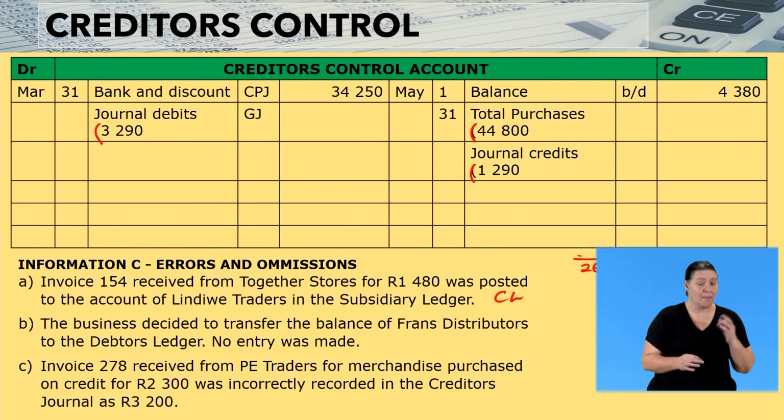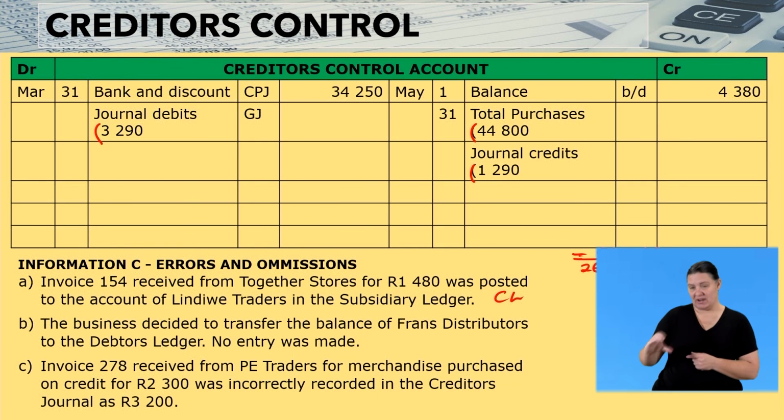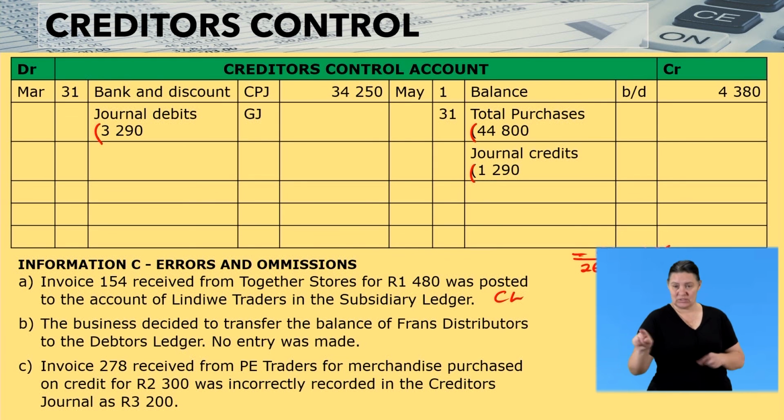The moment I am going to transfer that amount, I'm going to credit my creditors ledger. That means I'm going to come here and I have my 260 here, and I am transferring it to the debtors ledger. Remember, it increases on the debit side and decreases on the credit side.